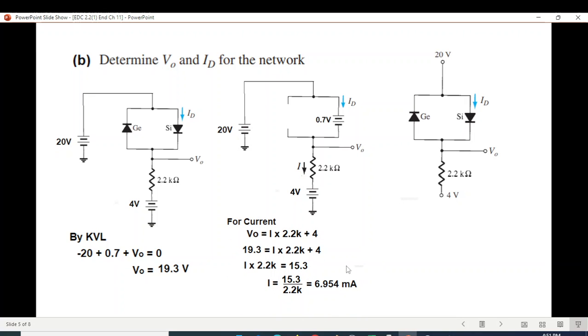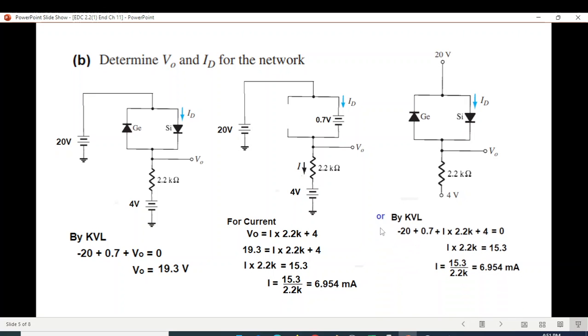Now let's calculate current. As I mentioned, either way you can do, you can calculate current first and then voltage, or voltage first then current, doesn't matter. So for current from here, now V naught we have already calculated, so we can just use this loop. So V naught is I into 2.2 plus 4, and from here I will be 6.954.